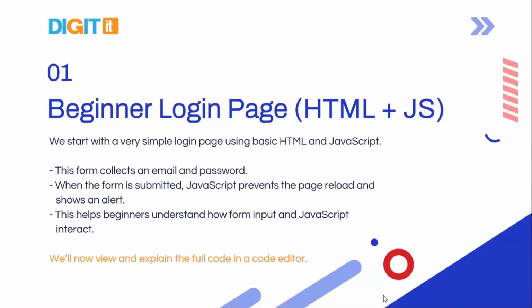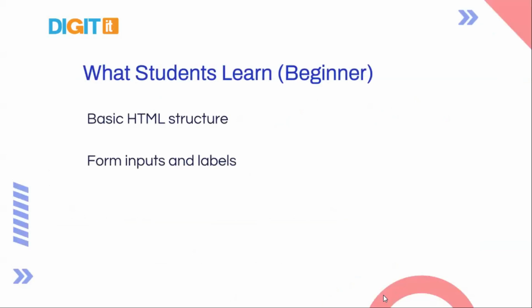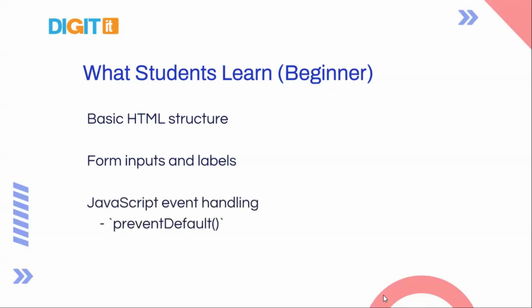In this beginner login page, he's going to have a basic HTML structure. He's going to create form inputs and labels. He's going to have event handling here, which we call the preventDefault method. It's a simple method without any validations and everything. If you observe, he has used CSS, JavaScript, and the HTML elements as well.